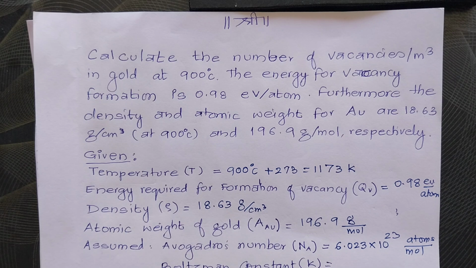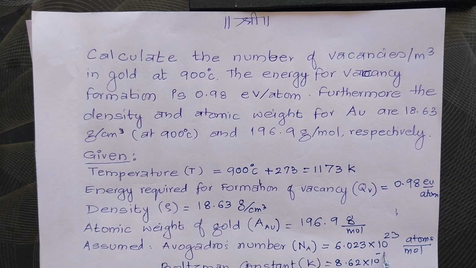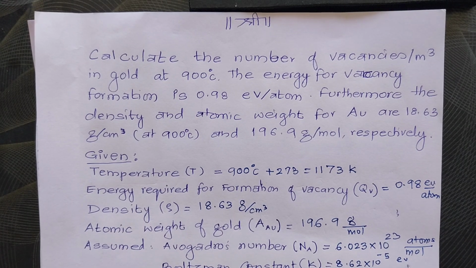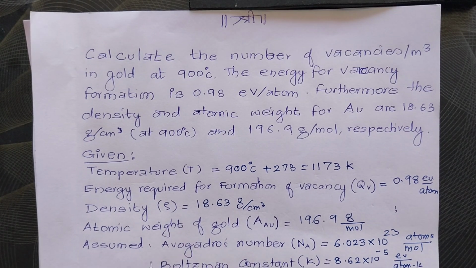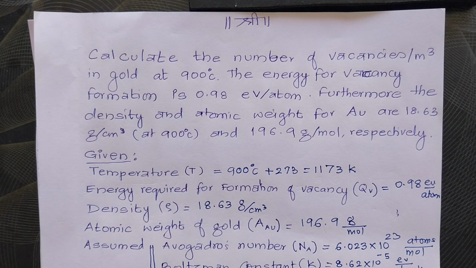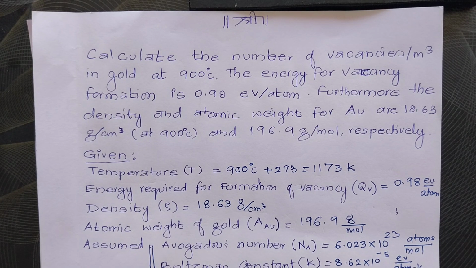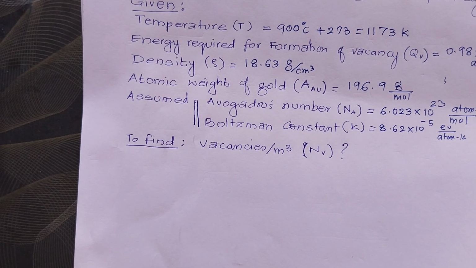The Boltzmann constant in this case is 8.62 into 10 raised to minus 5 electron volt per atom Kelvin, as mentioned in the book. These two values you will have to find from the book if it is an open book examination, or memorize if it is a closed book examination.